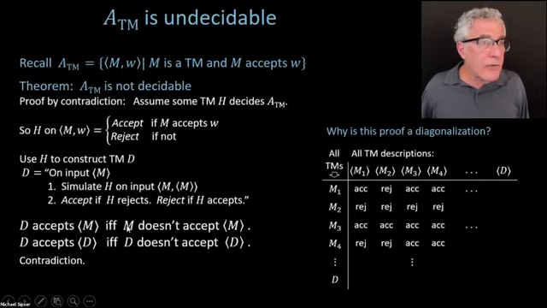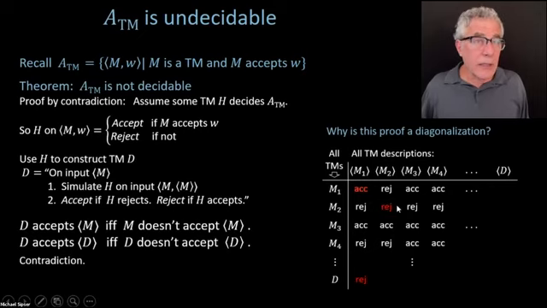D accepts M if and only if M doesn't accept M. So D is going to accept M1 if and only if M1 does not accept M1. Well, M1 does accept M1. So D does the opposite. D rejects, because D is going to do the opposite of what the machine does on its own input.